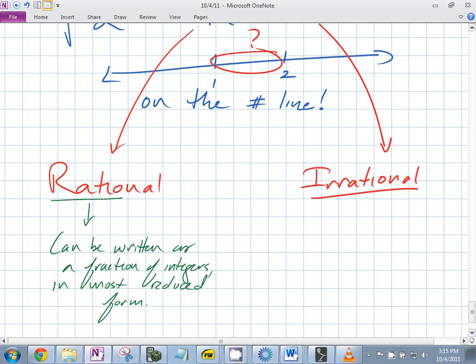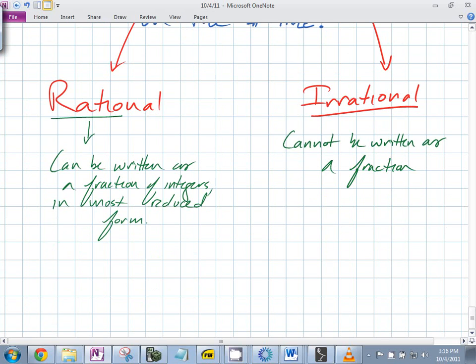Okay, what's a rational number? Can be written as a fraction. What's an irrational number? Cannot. First of all, it's real, right? Cannot be written as a fraction. If a decimal ends, is it definitely rational? Yeah. If a decimal doesn't end, is it definitely irrational? No. 0.3333 repeating forever is 1/3.